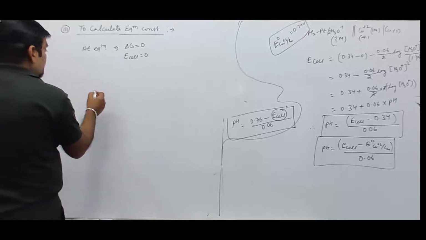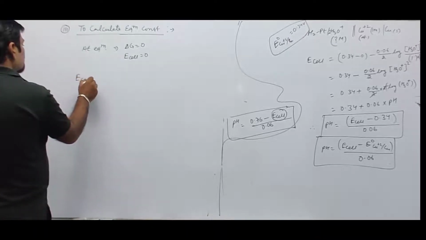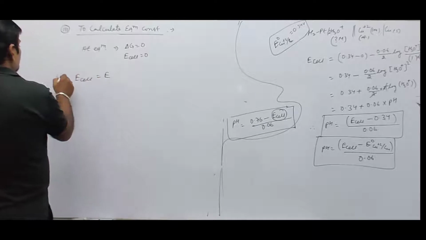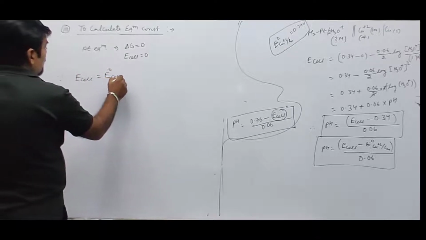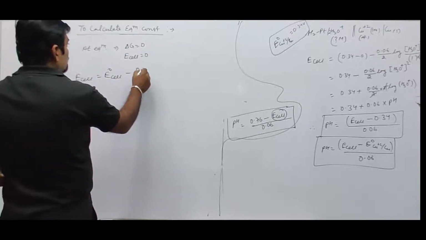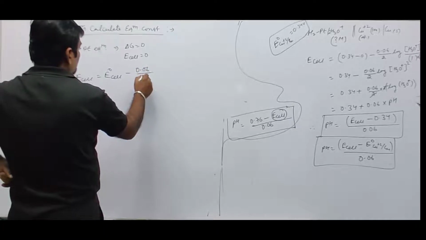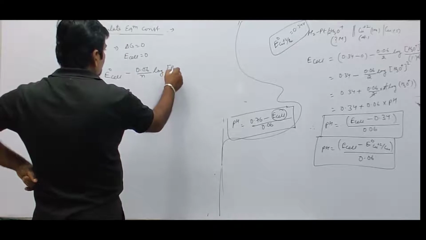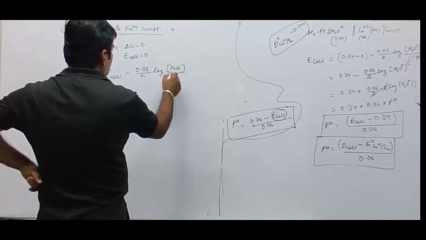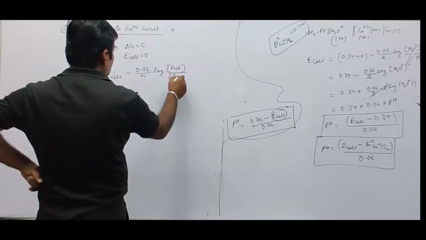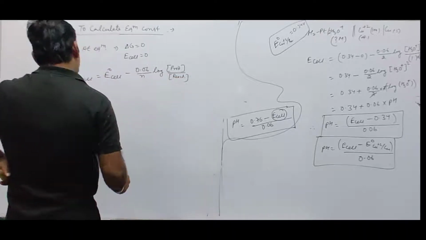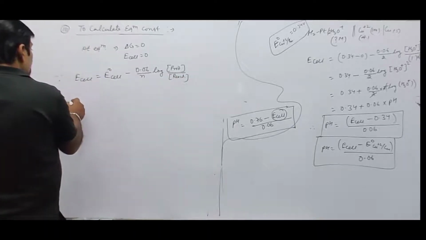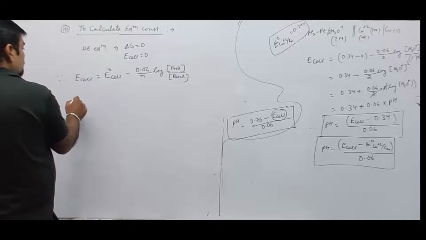So simply we can say EMF of cell is equal to E naught of cell minus 0.06 by n log base 10 of concentration of product by concentration of reactant. At equilibrium this is equal to 0.